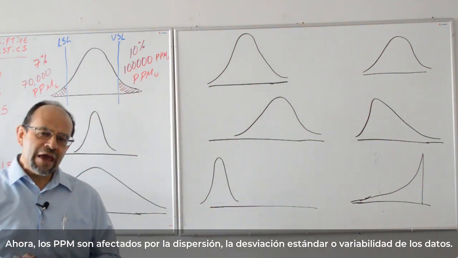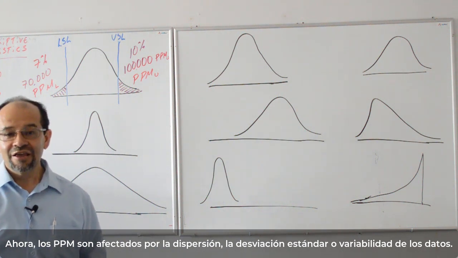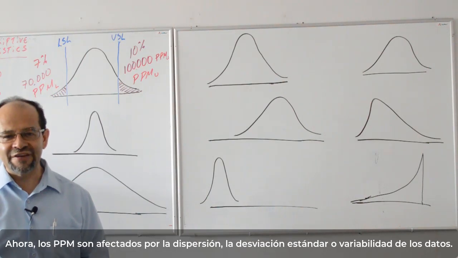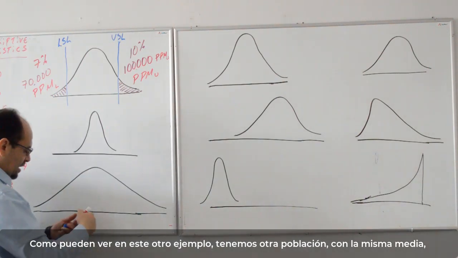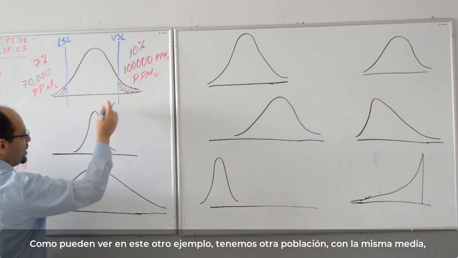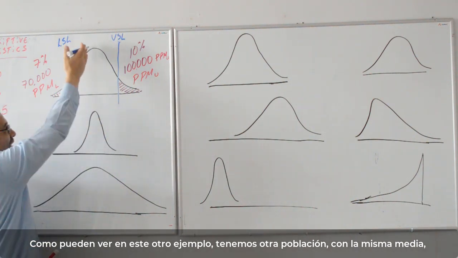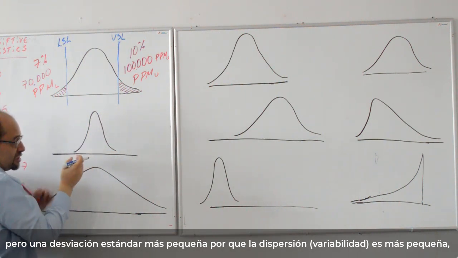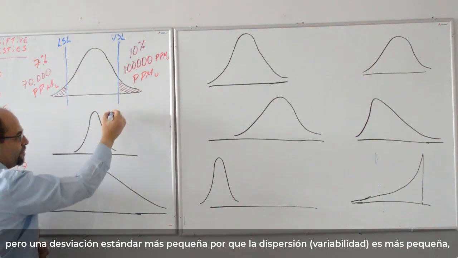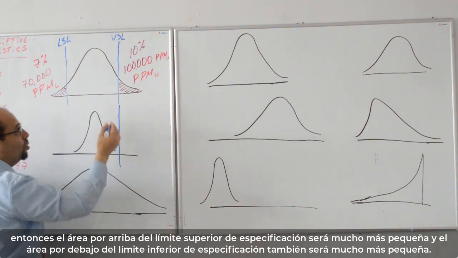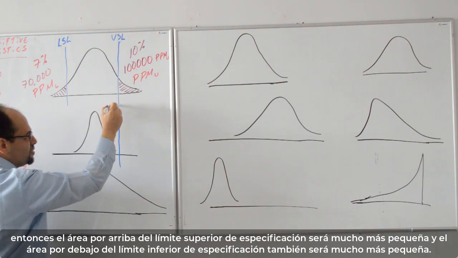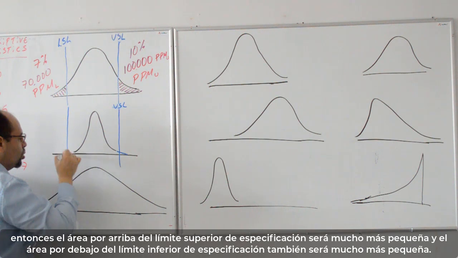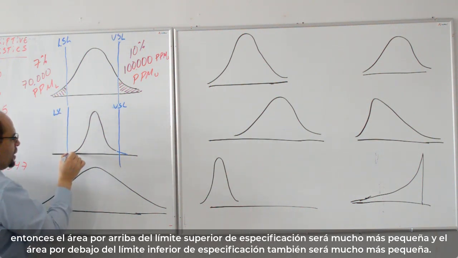Now, the PPMs will be affected by the spread, by the standard deviation or the variability of the data. Because as you can see in this other example here, we have another population with the same mean, the same average, but a smaller standard deviation because the spread is smaller, the variability is smaller. Then the area above the upper specification limit will be much smaller, and the area below the lower specification limit will be much smaller.